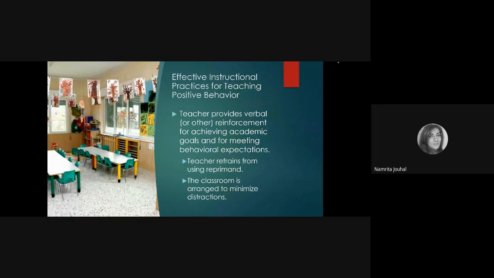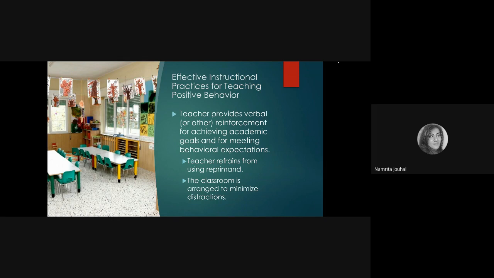Then effective instructional practices for teaching positive behavior. All positive language should be used, ensuring that the teacher is always using language that is positive for the student. Reprimanding should be prohibited as much as possible, and teachers should refrain from doing that.